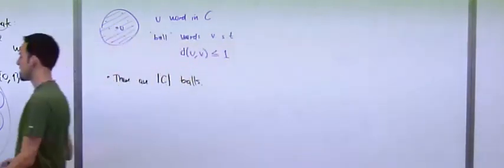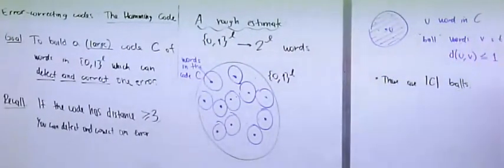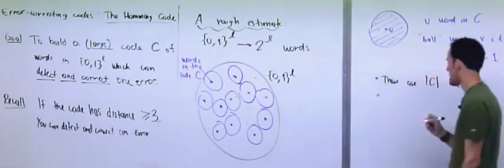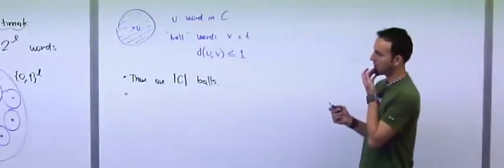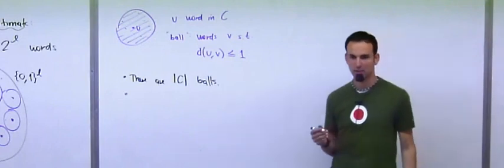I should say C is the name of the code that I'm going to build here. C consists of the purple dots. There are |C| balls. Now, how many points are inside each ball? Think about that for a second.